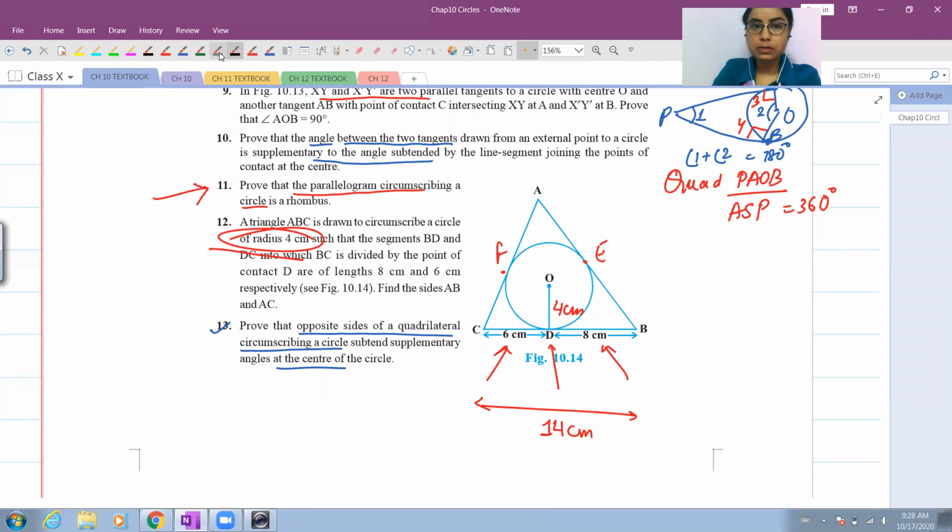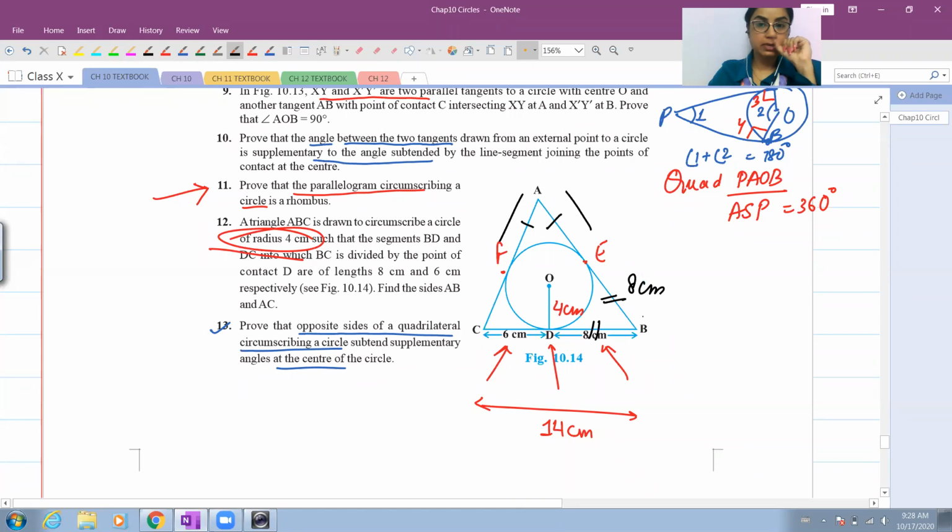The first thing we will be using is that we've got tangents from external points, from all three vertices, A, B, C. They are tangents from an external point, so they'll be equal in length. So if we talk about point A, I've got tangents AE and AF. They will be equal in length. These two will be equal, AF and AE. Similarly, the tangents from B will be equal in length. Now, this particular tangent from B to D is 8 centimeters.